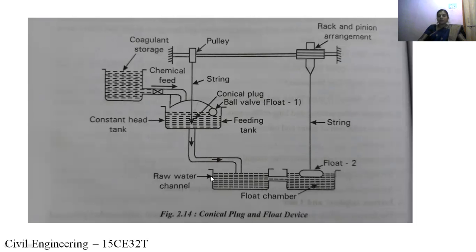This is the raw water channel. This is the float chamber. Here a conical plug is provided with a ball valve, which we call the float. Here a rack and pinion arrangement is provided. To that, a string is attached, and to that string the float is attached.